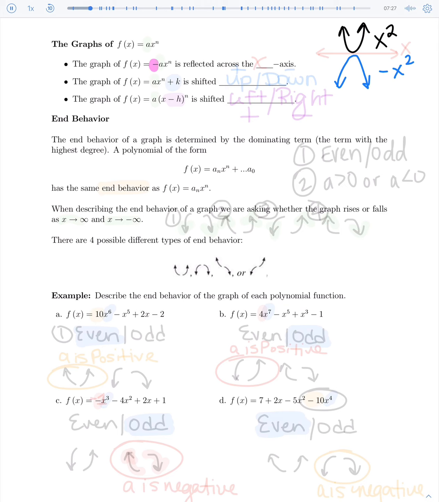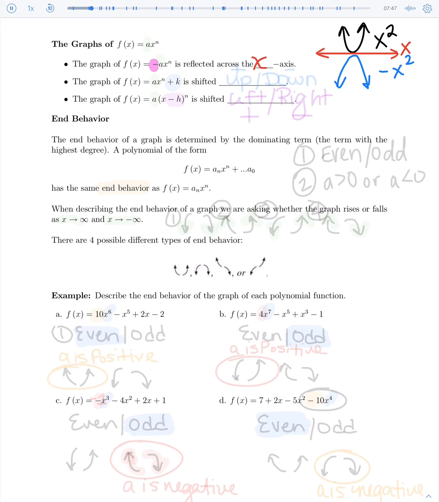What it did is it made a reflection. It flipped your graph over which axis? The x-axis. So whenever you put a negative in front of something that's outside of your function, it does flip you upside down and over the x-axis.